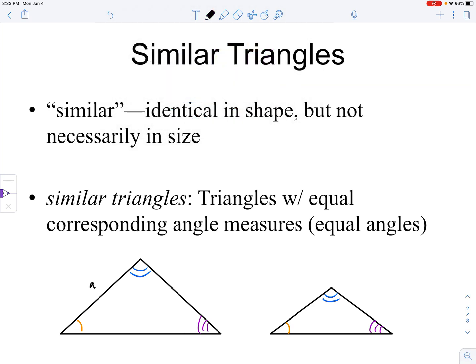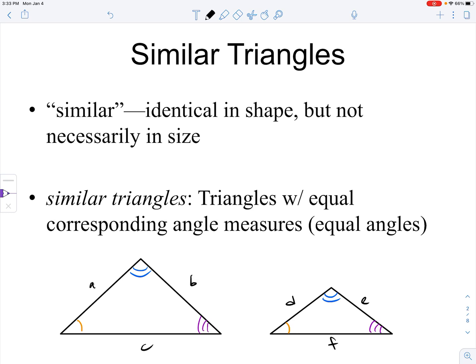And if I name the sides of the triangle A, B, C, D, E, F, side A is not equal to side D, right? They are in the same position on the triangle, but they're different side lengths.